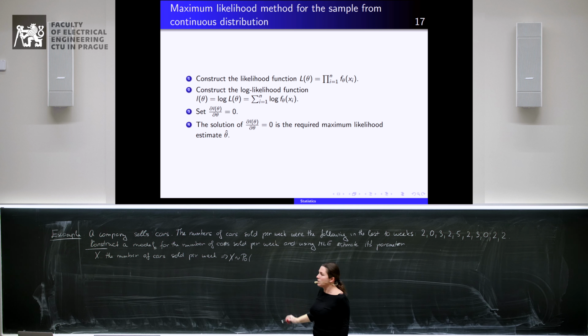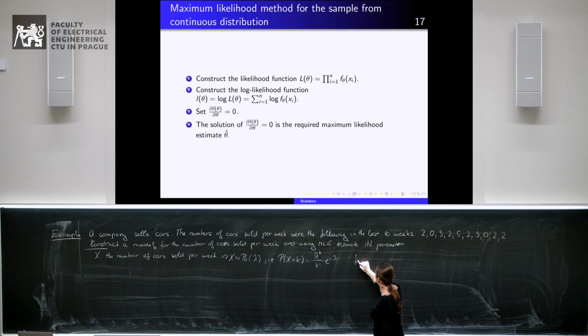The Poisson distribution is given by one parameter lambda, and the probability that X is equal to K is lambda powered by K over K factorial times e powered by minus lambda for K equal to 0, 1, 2, and so on till infinity, because the number of events is theoretically unbounded. The events are independent, so there is no reason for a boundary.